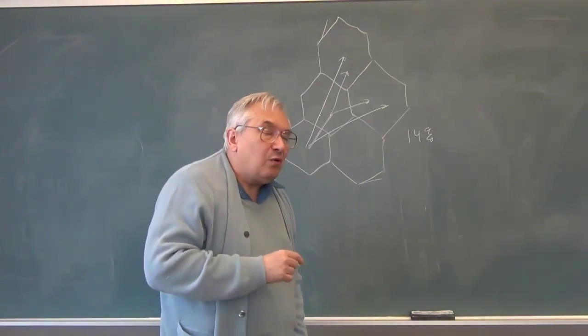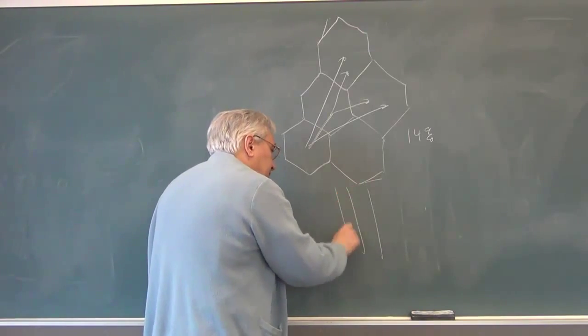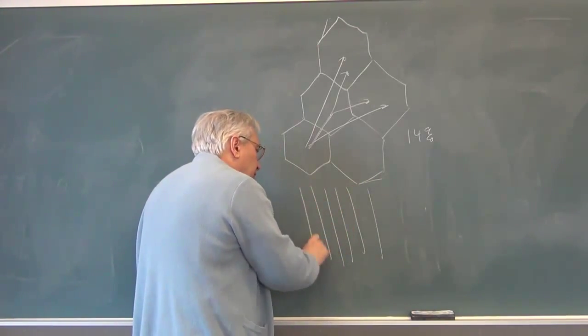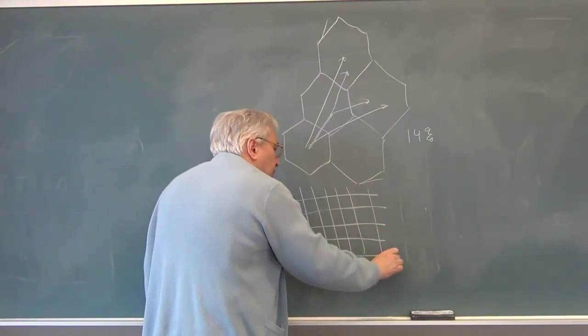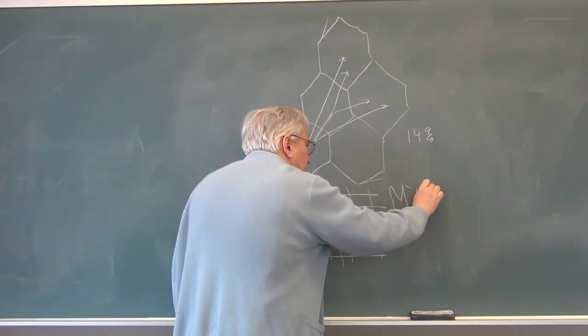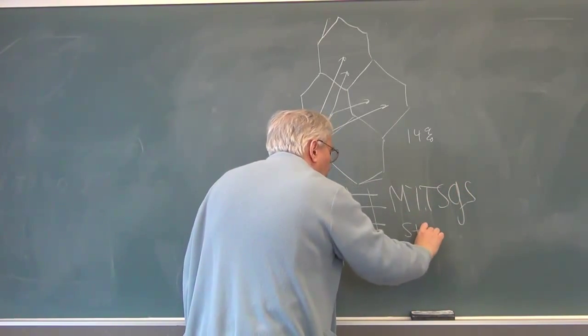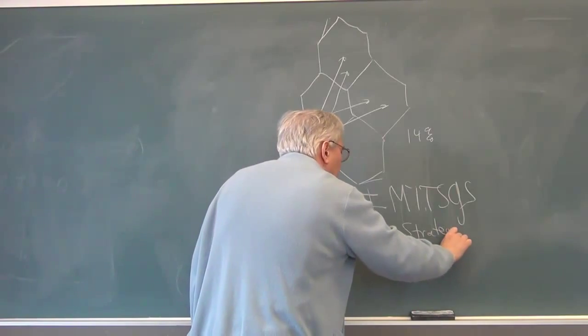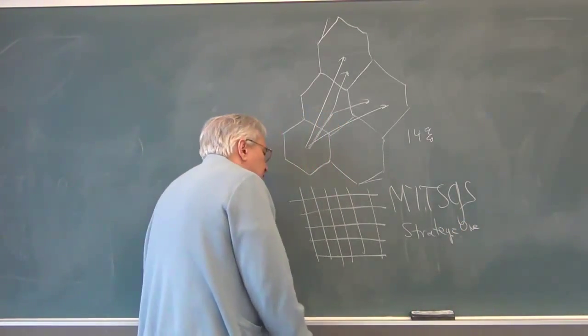Now you can do more clever things. Here's a square grid. But we are going back to the MIT SGS game, Strategy 1, which appeared in their magazine, The Tank, in about 1966.